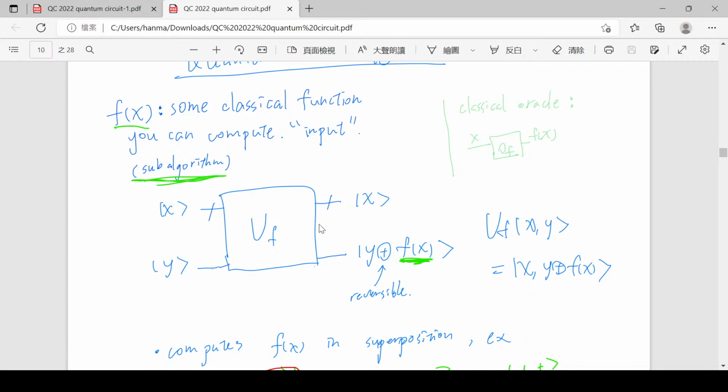If you think a little more, you can see why this guarantees reversibility. What's not reversible is having input x become f of x. In a classical circuit, you probably just want this kind of thing as your oracle, but for a quantum circuit this is not reversible, so it's impossible to have this kind of oracle.